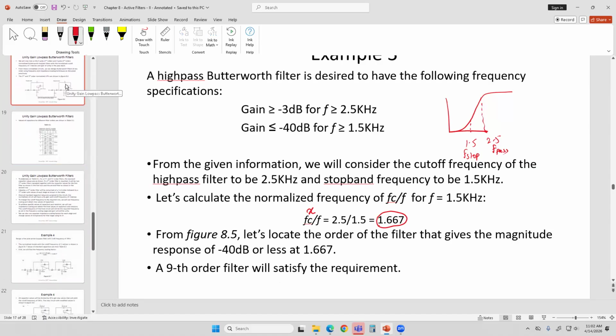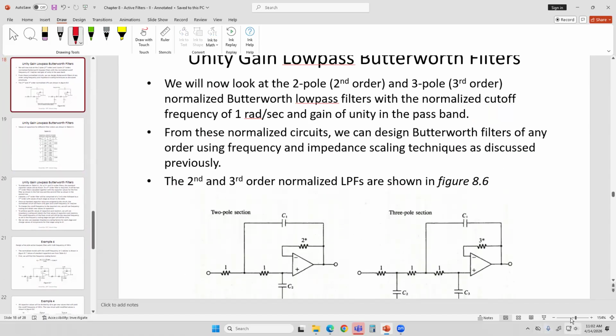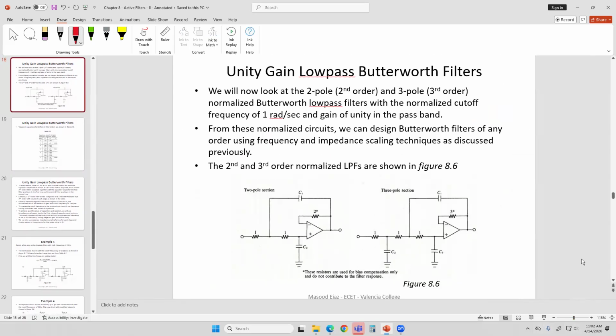All right, once you determine the order of the filter, now you have to design the filter, the Butterworth filter. So how are we going to design the Butterworth filter? We have two sections of Butterworth filter that are normalized and given to us. One is a two-pole section, that is two reactive elements, and one is a three-pole section, that is three reactive elements.